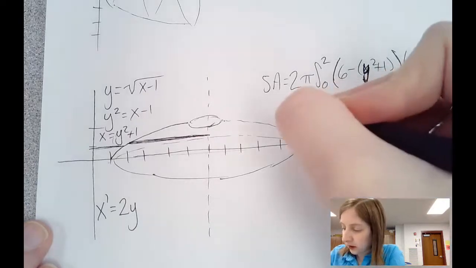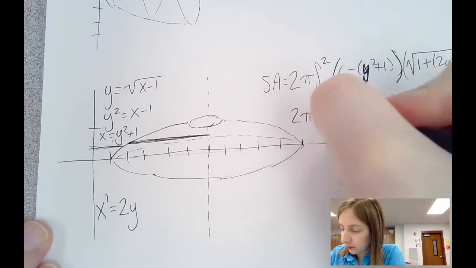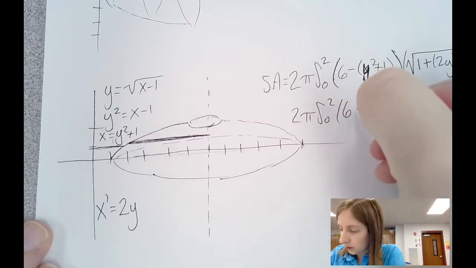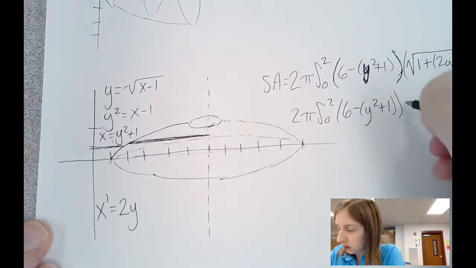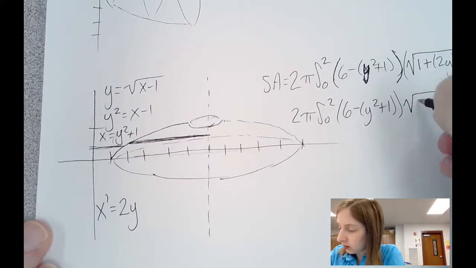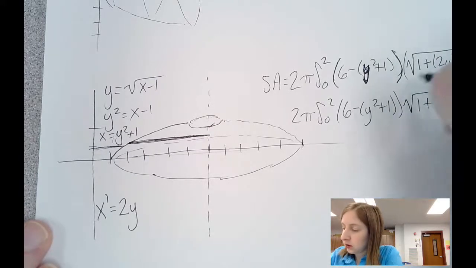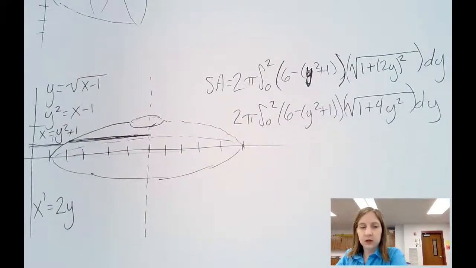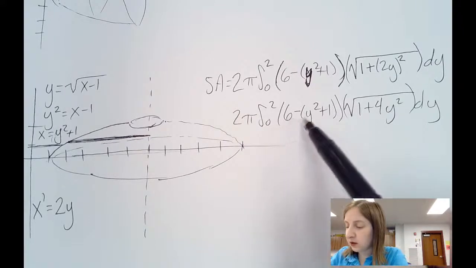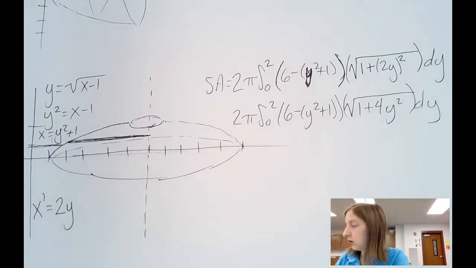We can simplify that one just a little bit. We probably could simplify this as well. I usually don't. I'm not really sure why. Oh, and you can't see my end there, the dy's. Okay, so if you did simplify this to like 5 minus y squared, that would be fine as well.